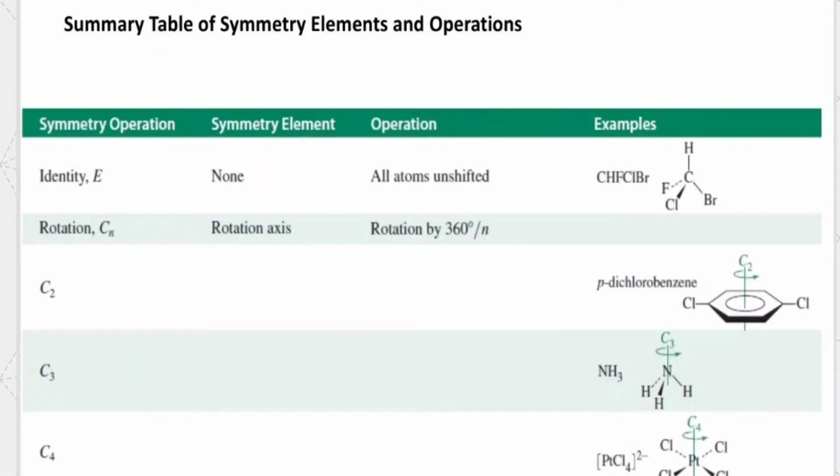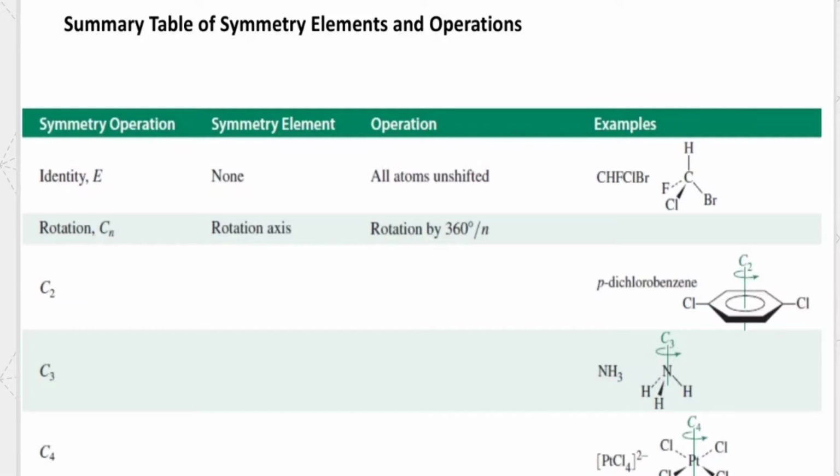Summary table of symmetry elements and operations. Symmetry operation, identity E, symmetry element none. Operation, all atoms unshifted. Example, bromochlorofluoromethane. Rotation, Cn. Symmetry element, rotation axis. Operation, rotation by 360 degrees divided by n.